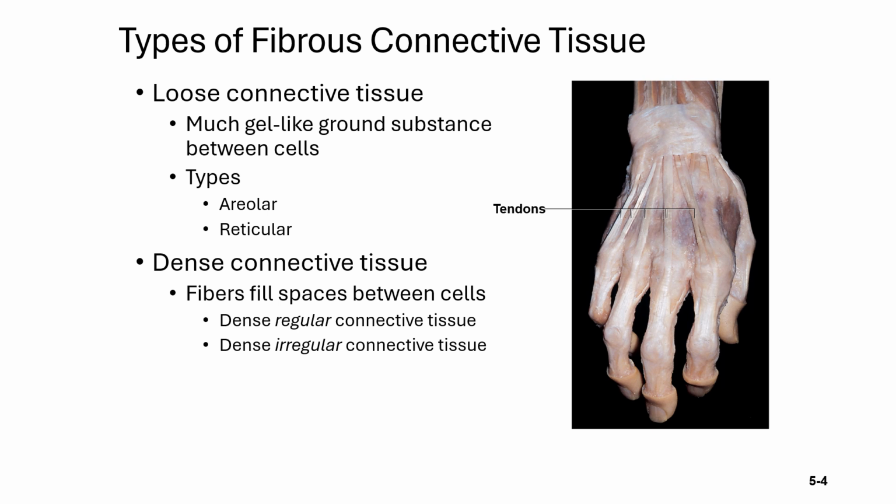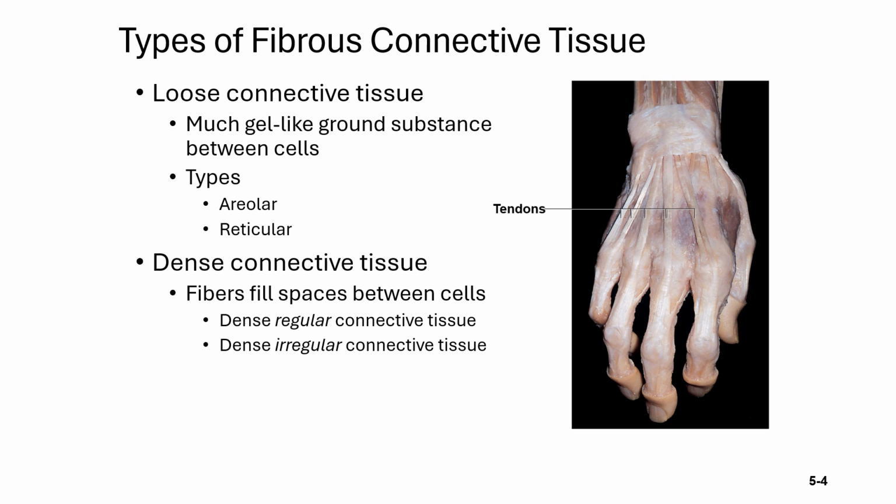There are two types of loose fibrous connective tissue. You have the areolar tissue and the reticular tissue. And again, there is another type which is the dense fibrous connective tissue. And the feature is that it has more fibers and less ground substance.